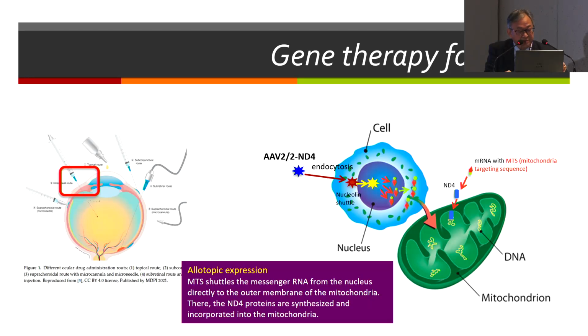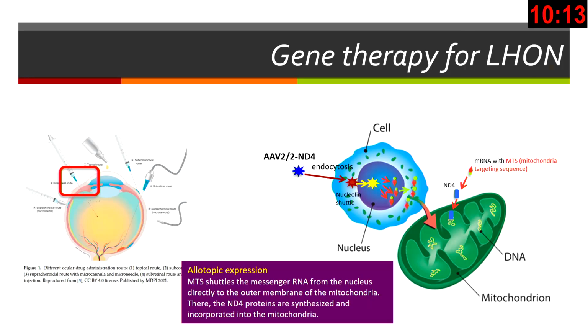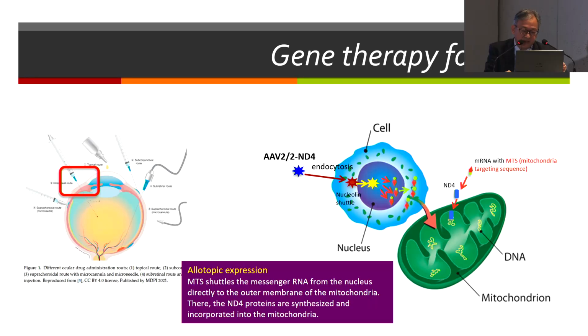There, the messenger RNA is transcribed, and this messenger RNA is tagged with a mitochondrial targeting signal. We call that MTS. This MTS will carry the messenger RNA to the surface of the mitochondria, where the ND4 protein subunit is produced and then incorporated into the mitochondria for respiratory function.